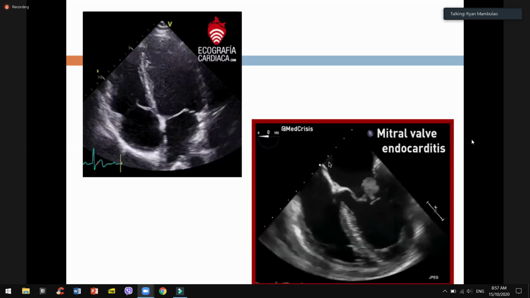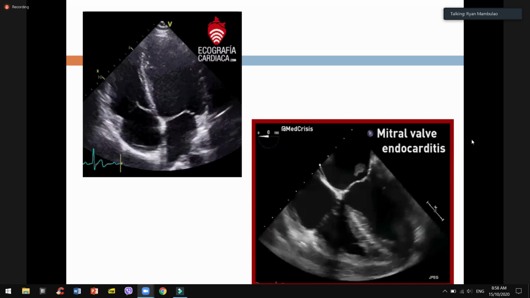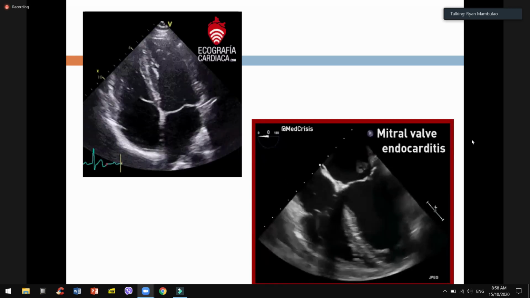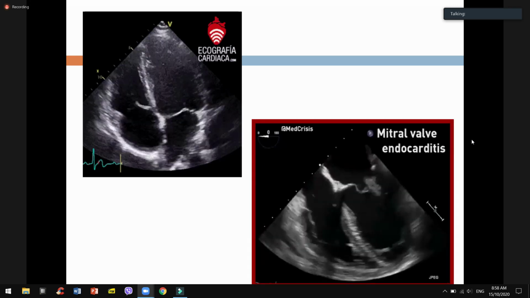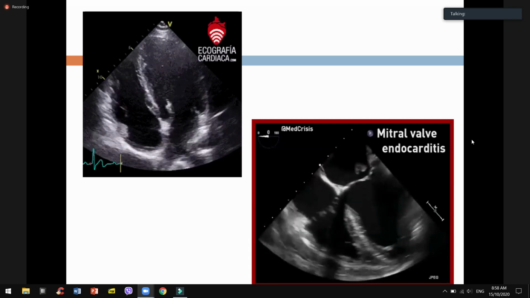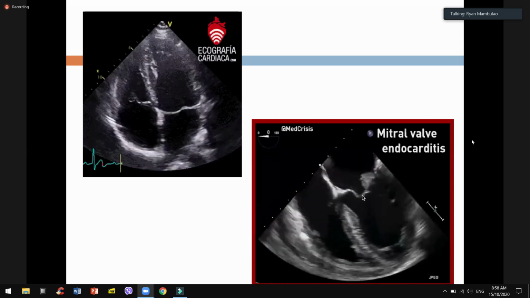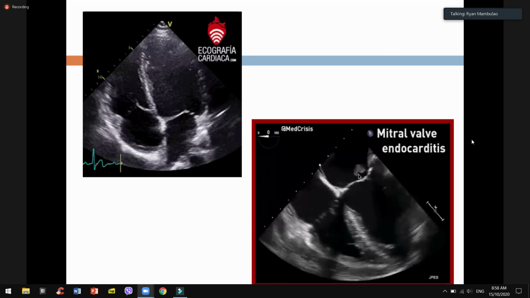So, mayroon kang indications that help you identify if that mass is a vegetation versus a tumor or a thrombus. Okay, pag tumor sa valve, commonly nasa left ventricular side siya, dito. Hindi doon sa left atrium. Ito kasi nasa left atrial, attached to the valve but on the left atrial side.